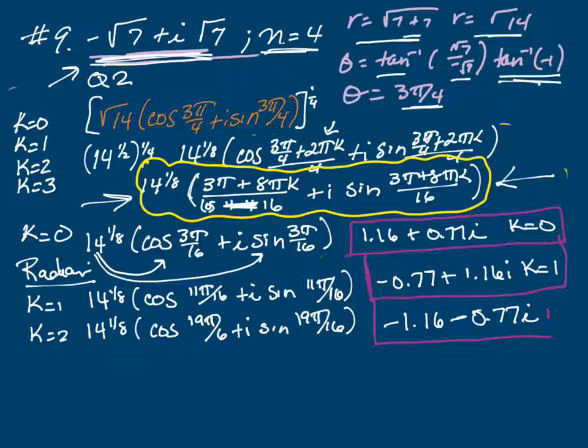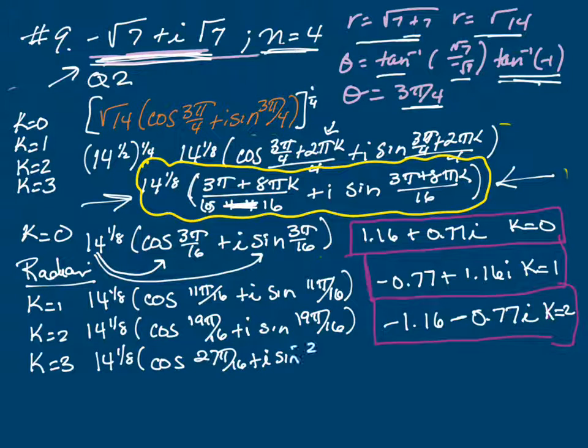And I got to do one more. This is for one problem. So we got to do k equals 3. But you have the gist of it, right? Now 8 times 3, that's 24. So that's 27 pi over 16 plus I sine of 27 pi over 16.